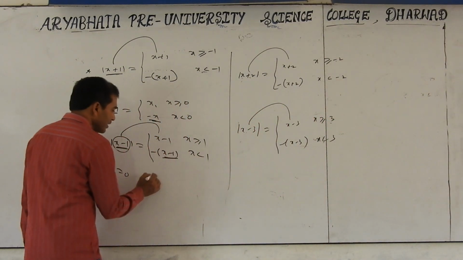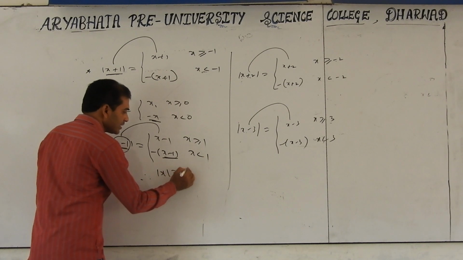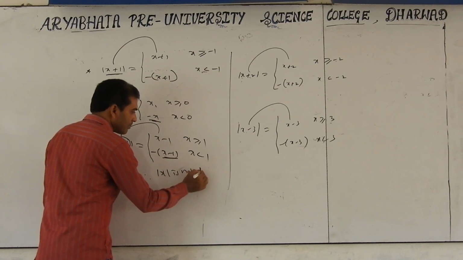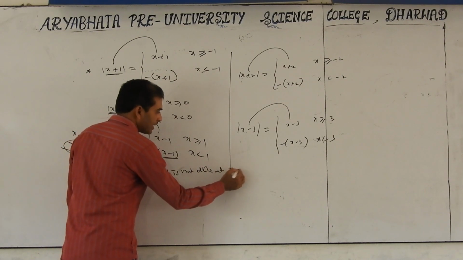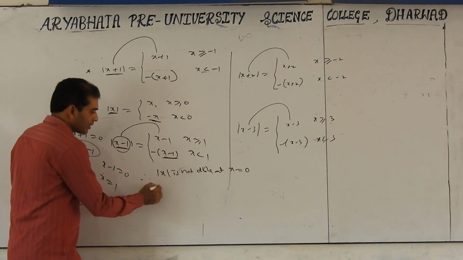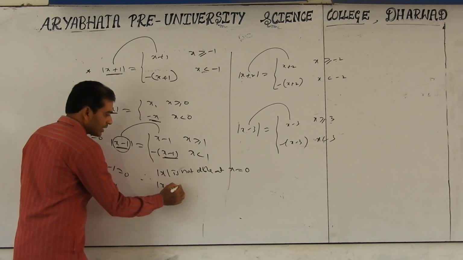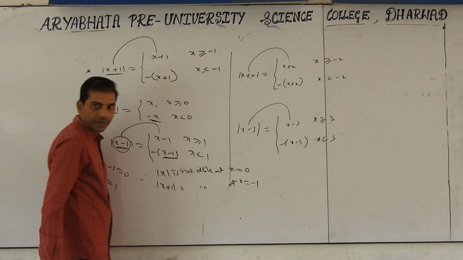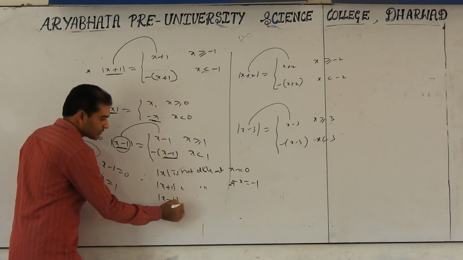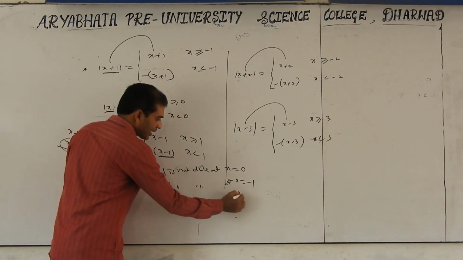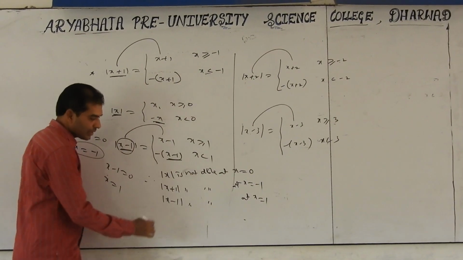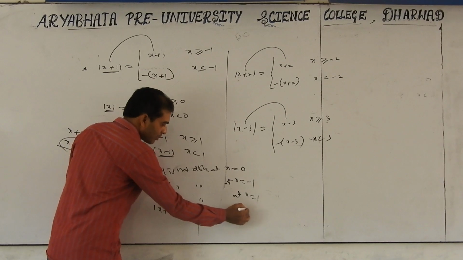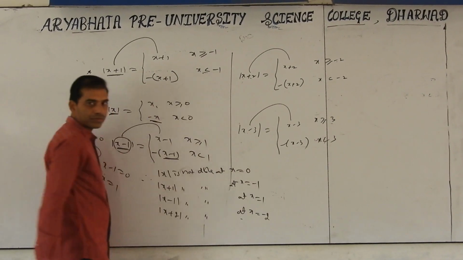Therefore, here you see the mod x is changing. Mod x is not differentiable at x equal to 0. Mod x plus 1 is not differentiable at x is equal to minus 1. Mod x minus 1 is not differentiable at x is equal to 1. Mod x plus 2 is not differentiable at x is equal to minus 2.